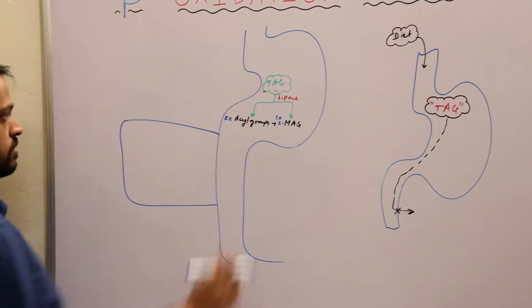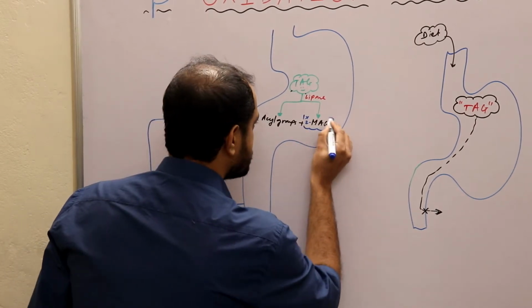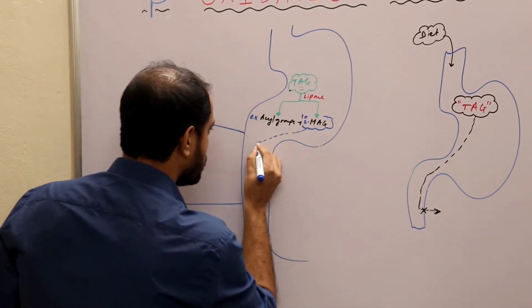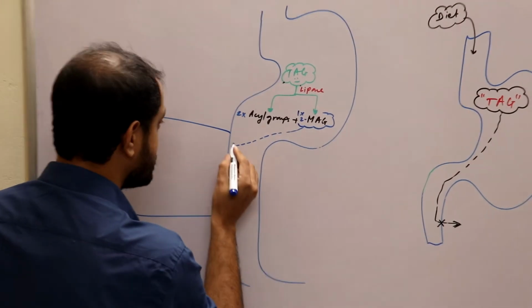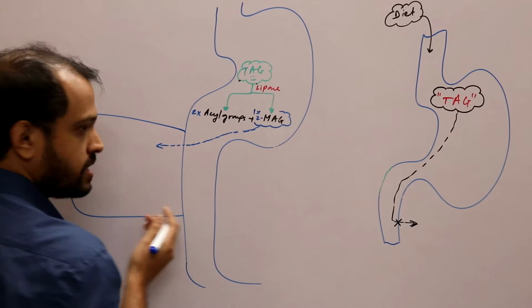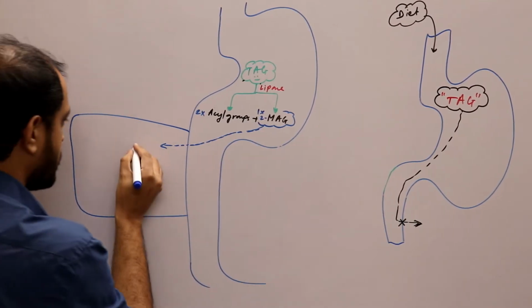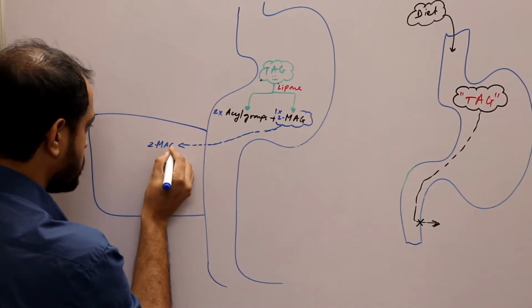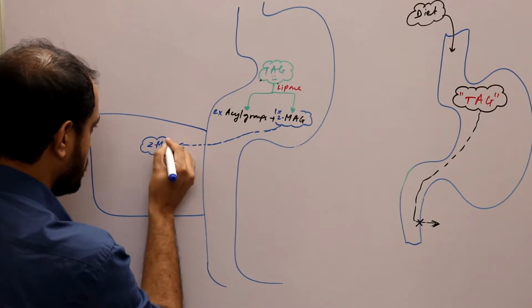What will happen is that this 2-monoacylglycerol will find its way into the cell. This 2-monoacylglycerol will enter the cell.